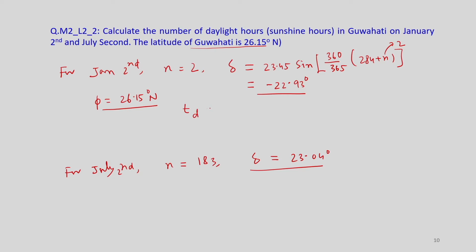these values in this expression, S max is equal to 2 by 15 times cos inverse of minus tan phi tan delta. So, if we substitute the value of phi and delta here, then what we will have, that daylight hours, okay.